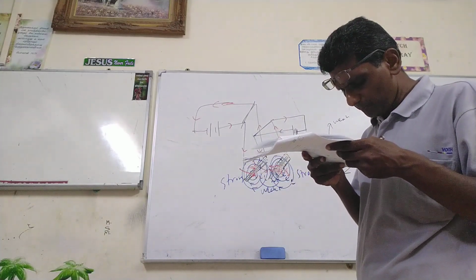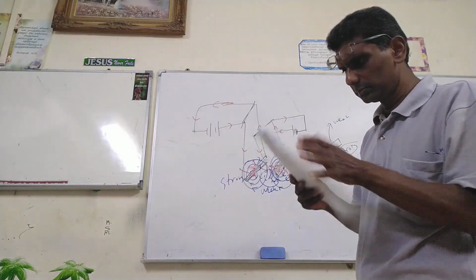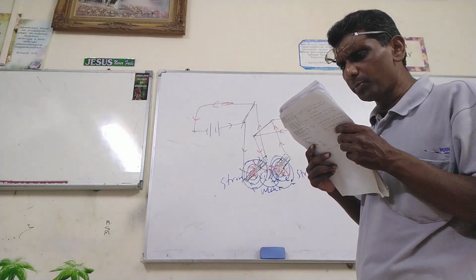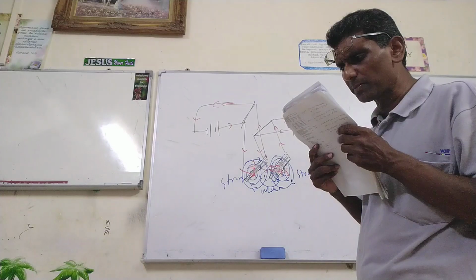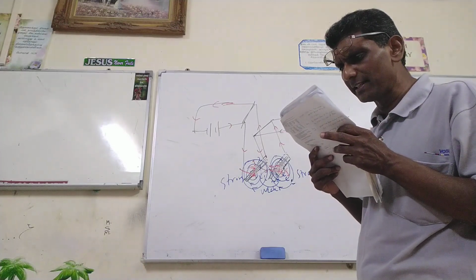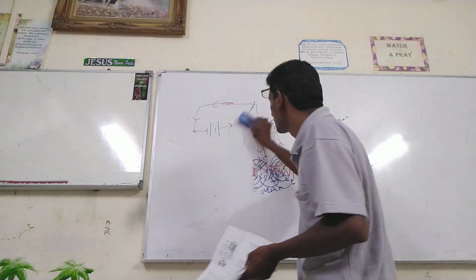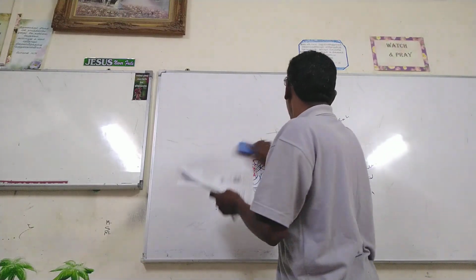Diagram 10 shows a transformer which is not efficient. Use appropriate physics concepts. Explain how you modify the transformer in diagram 10.4 to increase efficiency. So it's a very famous question, efficiency of transformer.